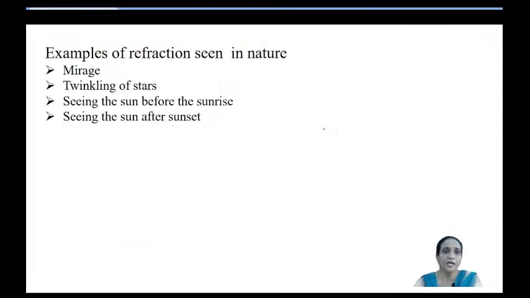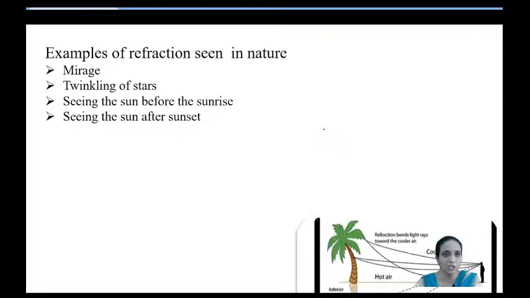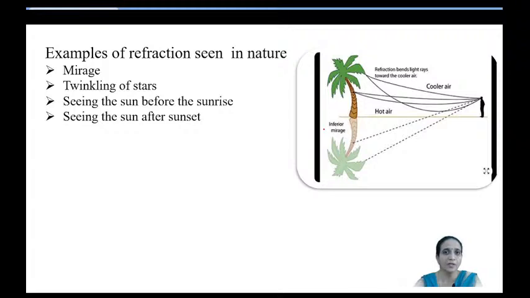Now we will see a few examples of refraction seen in nature. Mirage. This is an example that you see in nature. It is seen in the desert, or above the road, especially in the summer season when the road becomes hot. Above the surface of that road you can see the mirage.